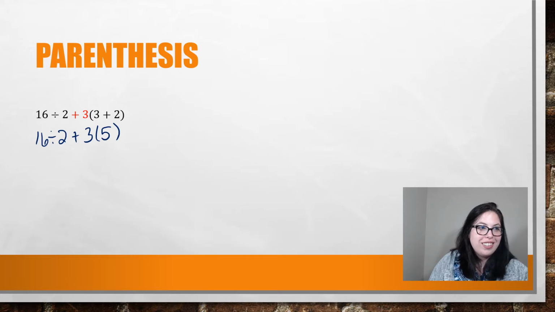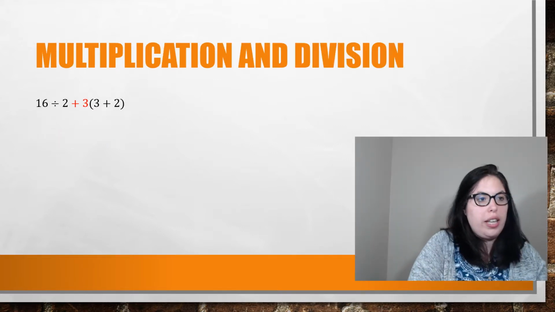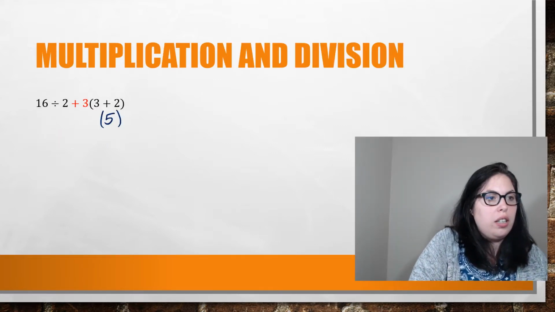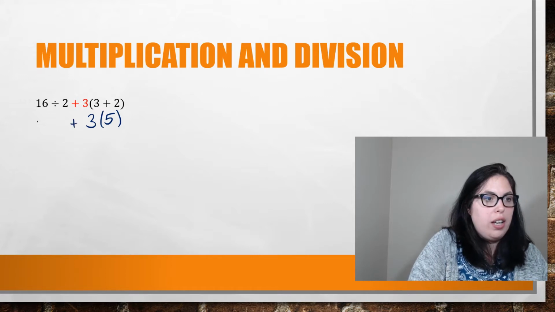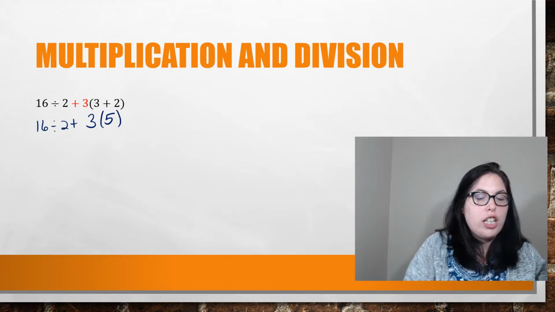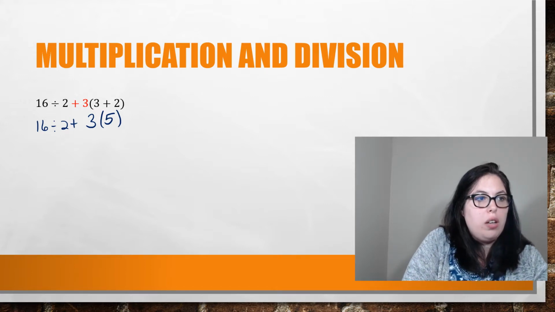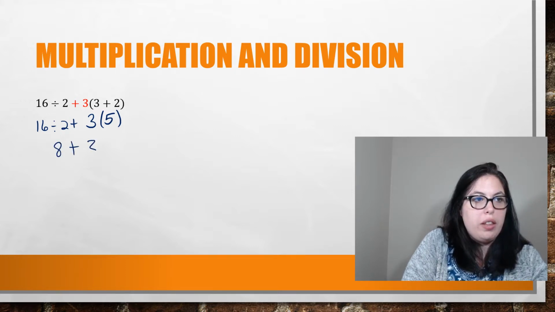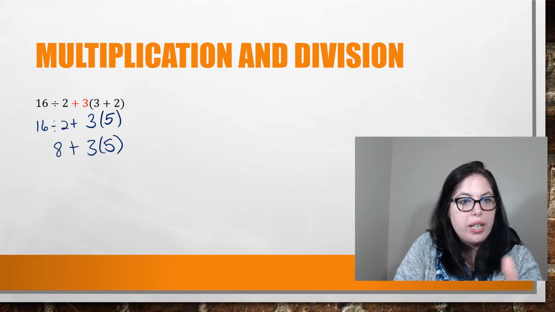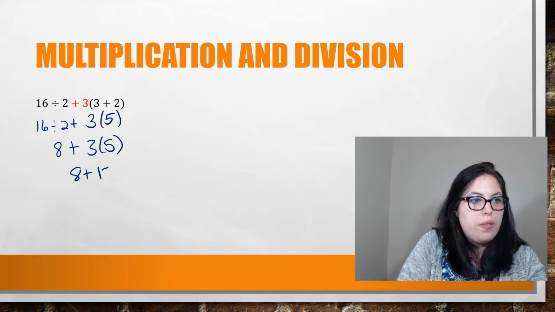I could do this systematically, do the division, then do the multiplication. Let's see what happens when I do that. Okay, so 2 goes into 16 8 times, and then write everything else down. The next thing that comes in line is 3 times the 5, so that's 15.